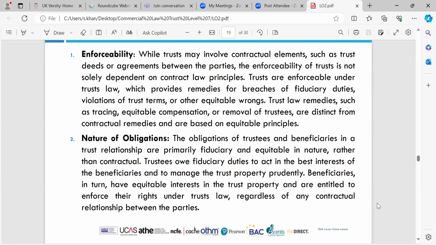Beneficiaries in turn have equitable interests in the trust property and are entitled to enforce their rights under trust law, regardless of any contractual relationship between the parties.